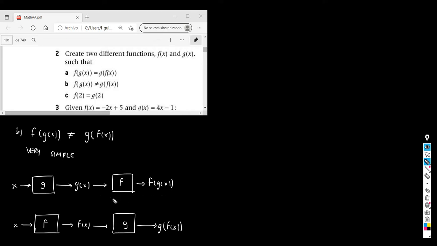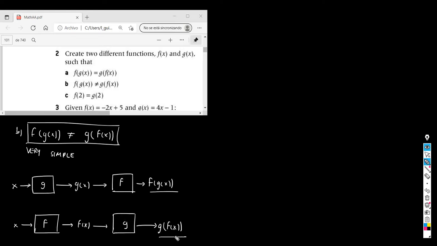Now, if you think about these two results, guys, this is what will happen most of the time. The thing that is most likely to happen is that the result of this ordering, first apply g and then apply f, will be different from the opposite order, first applying f and then applying g.